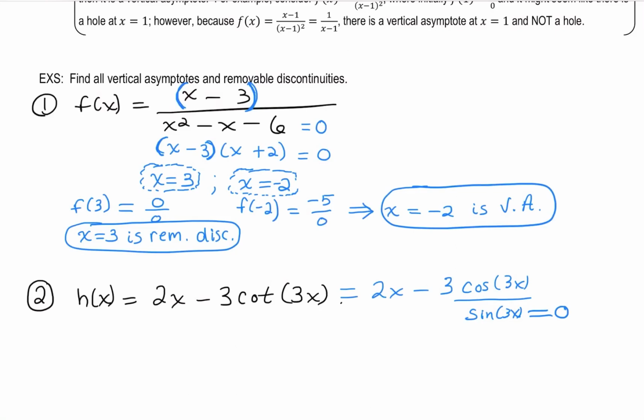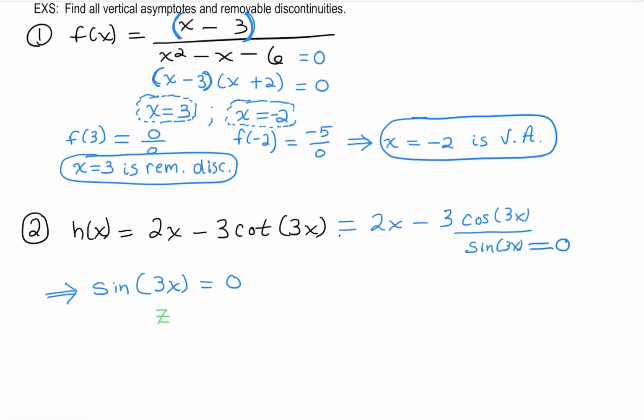We did an example like this in the last section. We really want to think about where sine of 3x is equal to 0. Let's initially use some other variable temporarily: where is sine of z equal to 0?